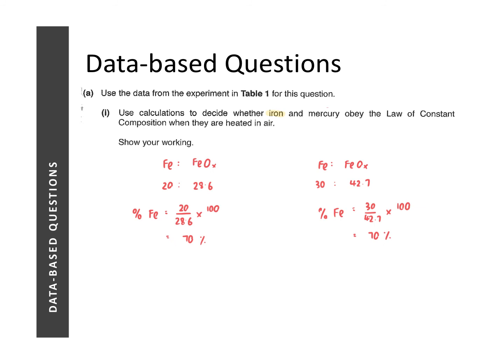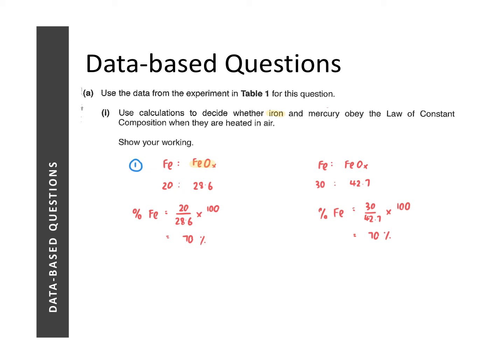So let us look at the data for iron first. In the first experiment involving iron, we have 20 grams of iron, and after heating we get 28.6. So that is the mass of the total iron oxide. Now I've written the formula for iron oxide as FeOx because we don't know the exact formula of iron oxide. In fact, we don't really care what the formula is.